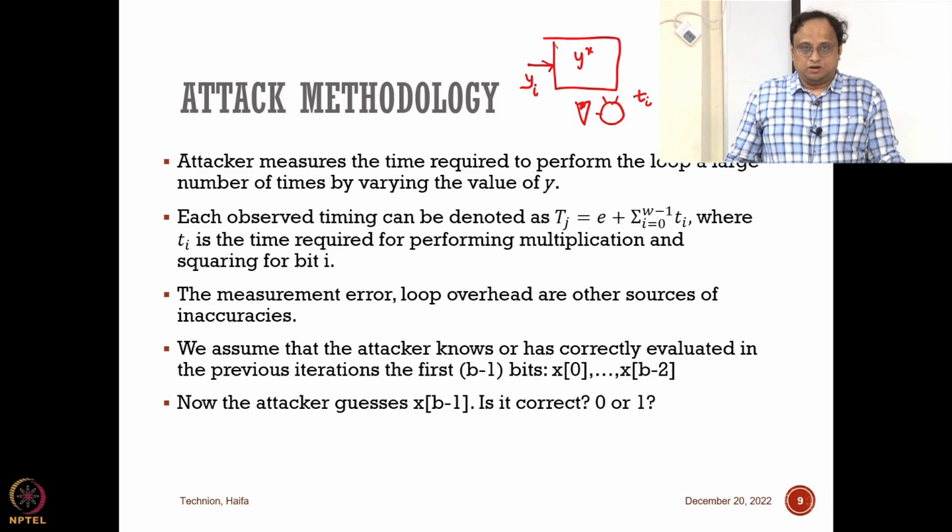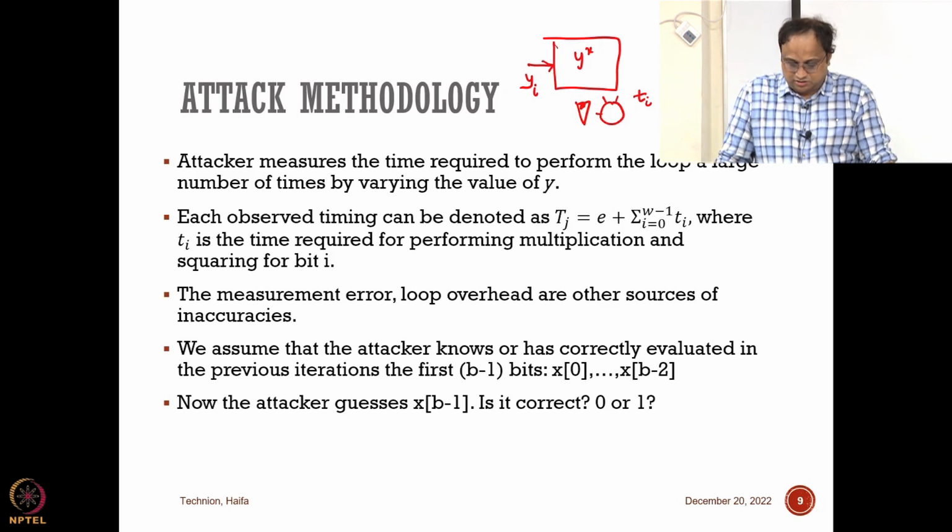Now let us try to understand what exactly is leading to the variations of timing, because you will see that there is variation in the timing. It is not a constant time implementation.